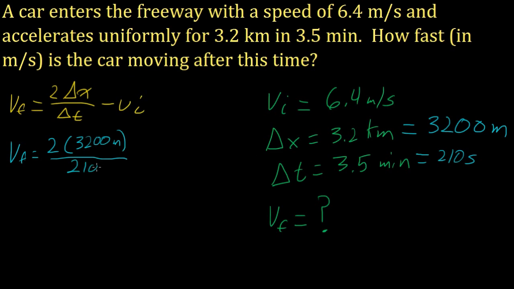Divided by 210 seconds minus your initial velocity, which was 6.4 meters per second. Notice that when we divide this distance by this time, we end up with meters per second minus meters per second, so it stays the same. So we actually get a velocity at the end that's going to be in meters per second. So let's crunch these numbers.